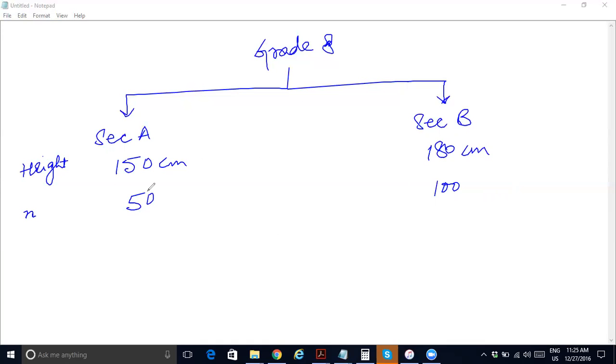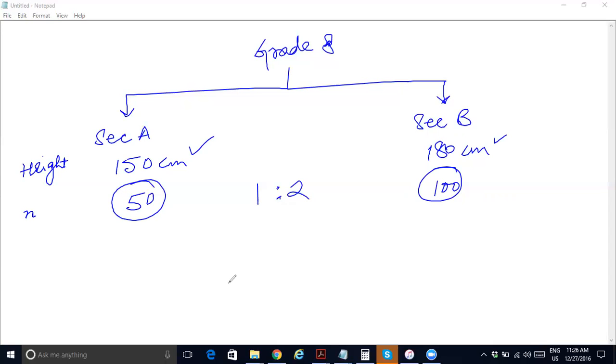We can say that the number here is 50, the number here is 100. The numbers are in the ratio 1:2. For every one student having height of 150, we have two students having height 180. But isn't that the average? Yeah. So we are talking about average numbers.